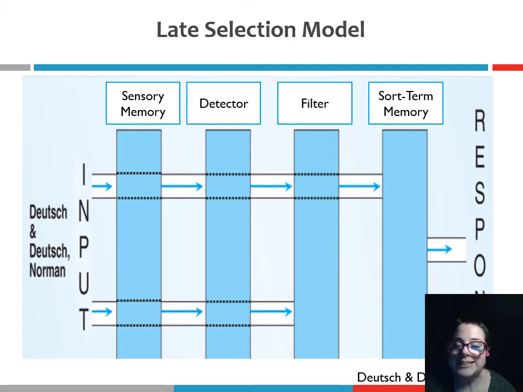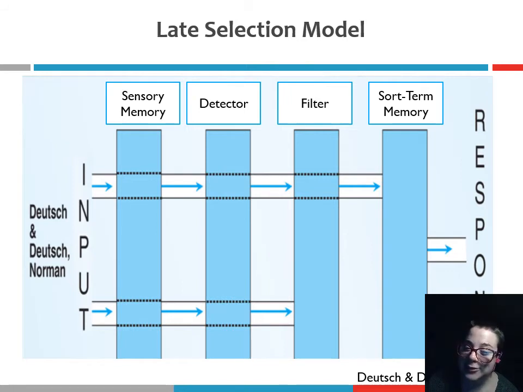Right? So we still start with sensory memory, which is a limited capacity register that briefly captures all of the information in the attended and unattended channels for a fraction of a second. So that's the same.